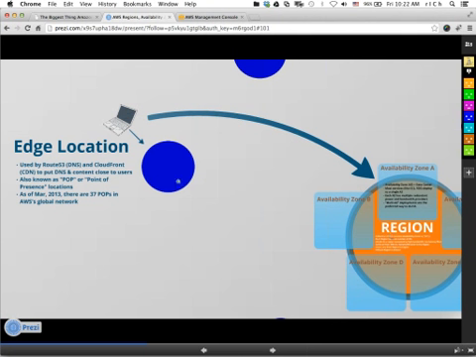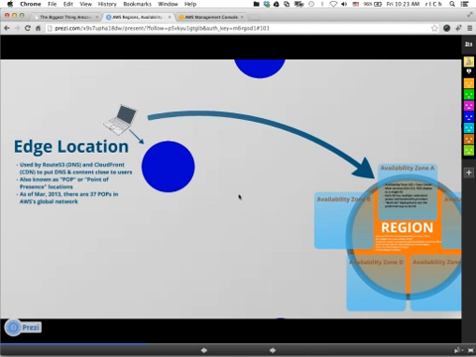So let's say we had some images and some JavaScript files and some static content that we wanted to expose to our users. We could set up a CloudFront distribution, point that distribution to an S3 bucket, and then every time the first user requests that data, the edge location will reach out to S3, or we could even use an on-prem server. It doesn't have to be an Amazon server for the origin.